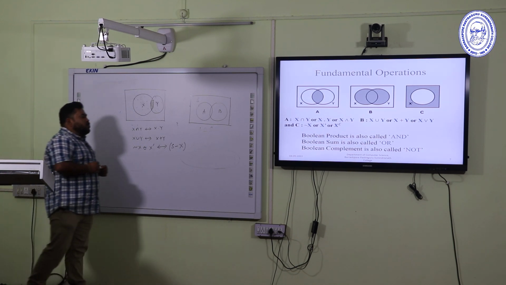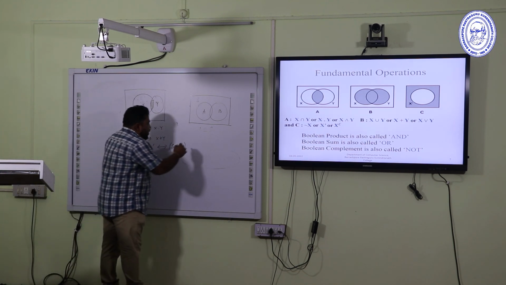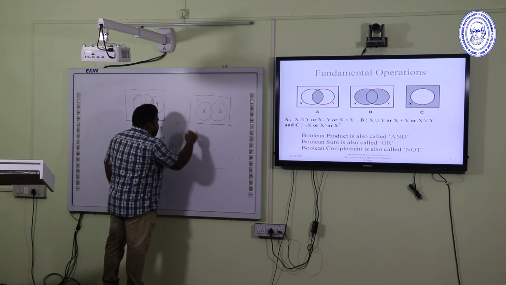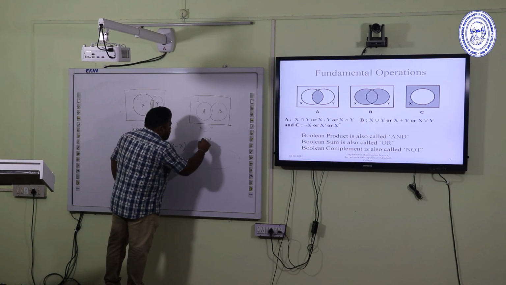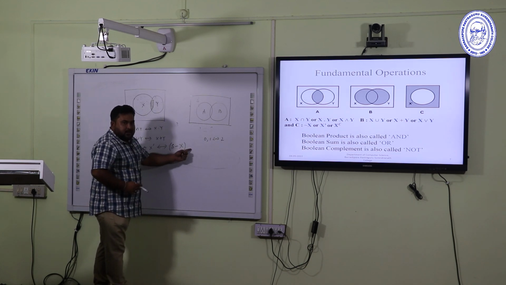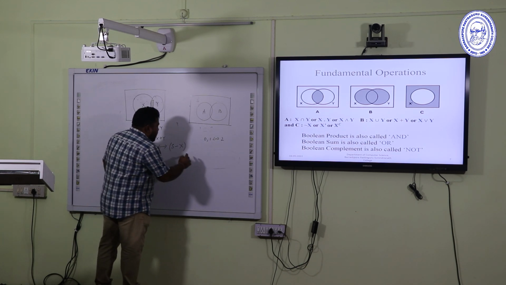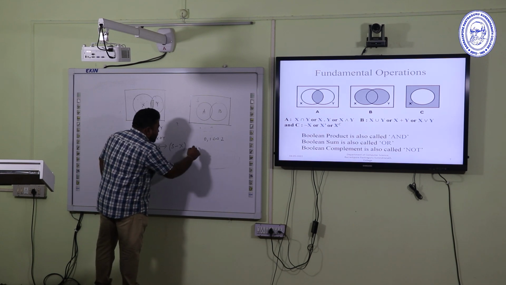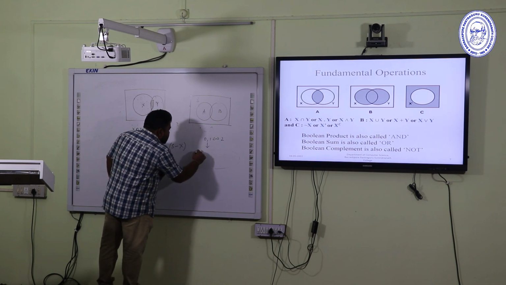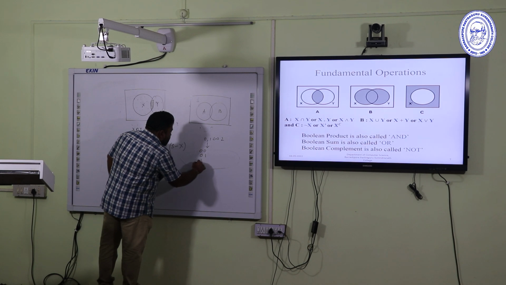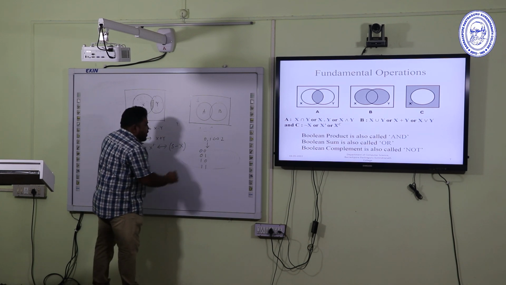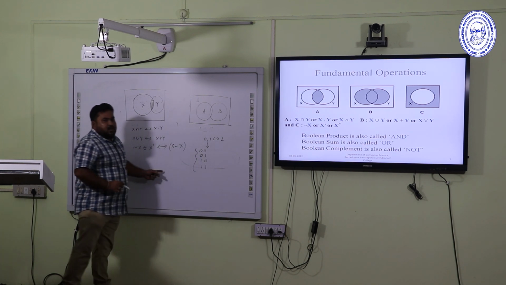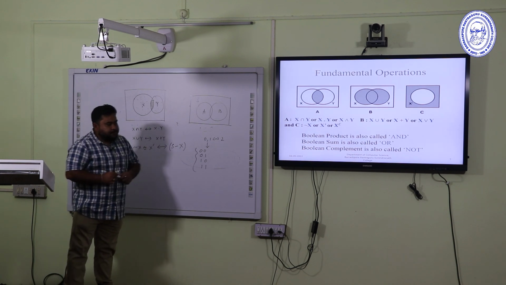So in the Boolean domain, the set varies from 0 and 1, that means either 0 or 1. So in that case, any function of 2 variables, 0 0, 0 1, 1 0, 1 1, we can generate from it.